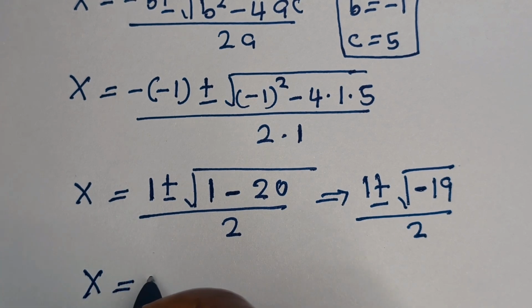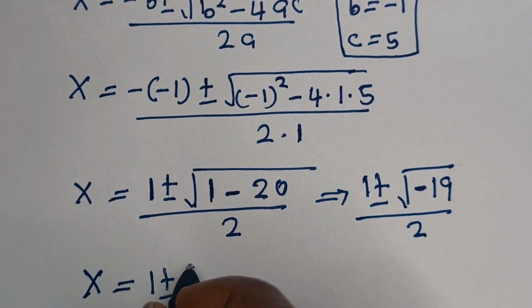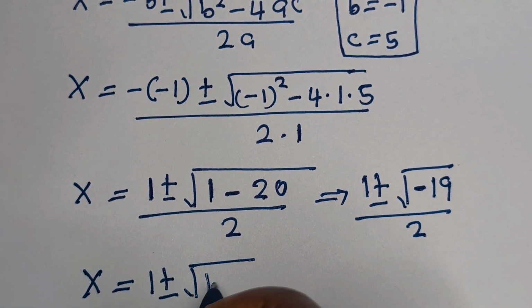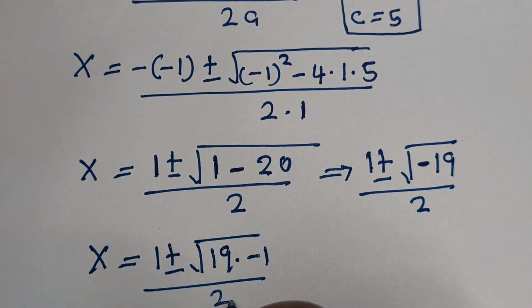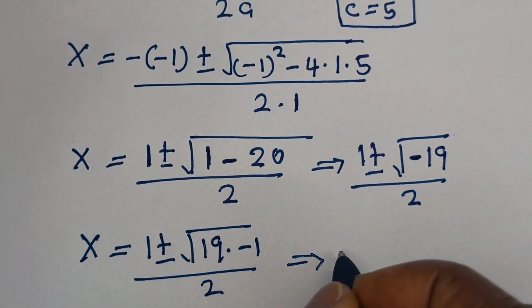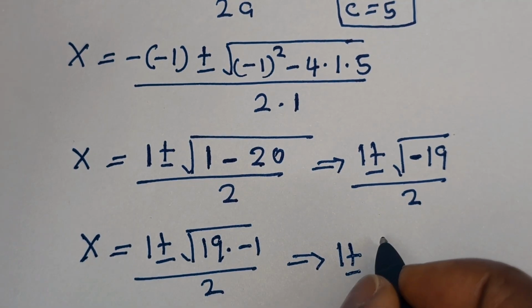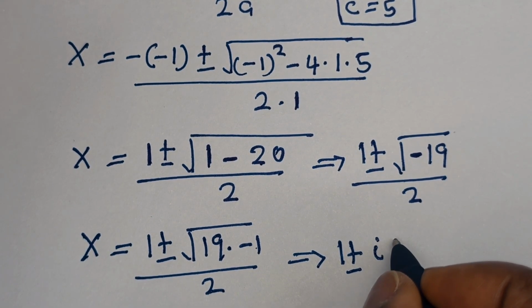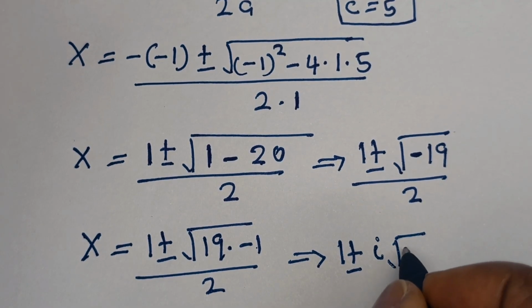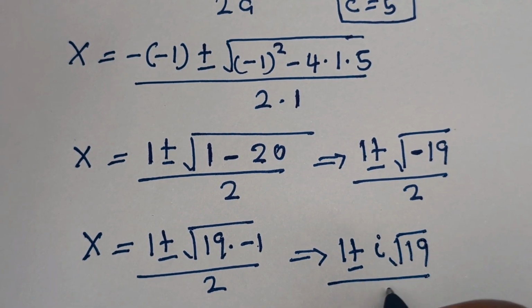s is equal to 1 plus or minus, this can be written as 19 multiplied by negative 1, over 2. And this is the same thing as 1 plus or minus square root of negative 1, that is i, root 19 over 2.